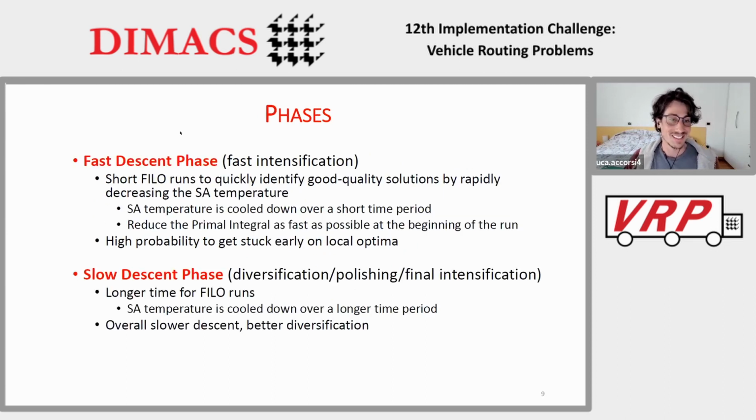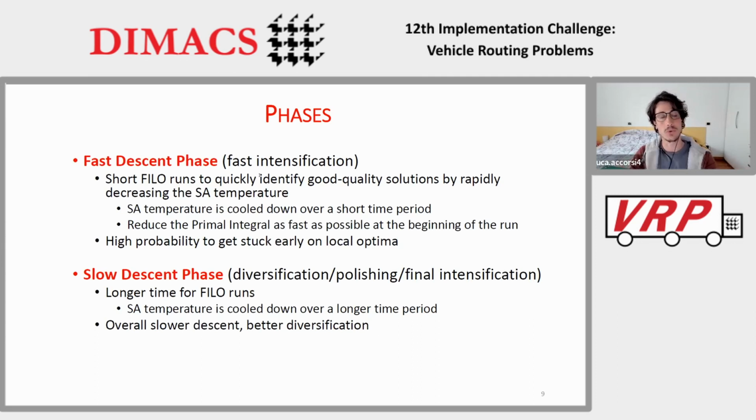Then we have the two phases. You can think of the fast descent phase as a sort of fast intensification. Here we are trying to reduce the primal integral as fast as possible. And this is done by performing short runs of FILO.